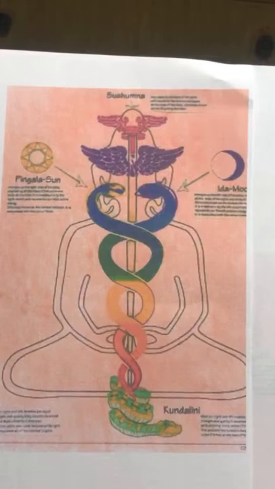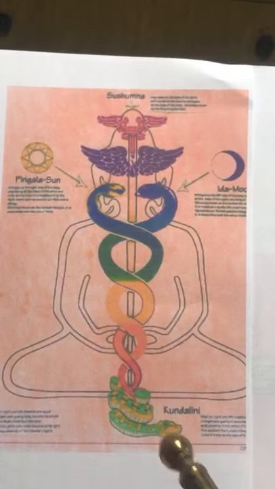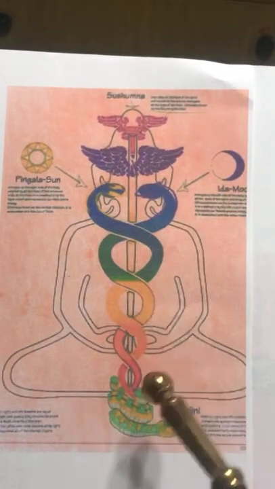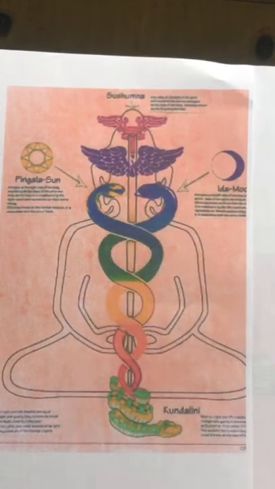Okay, so you'll see different texts talking about making the wheels spin. What happens is that the petals on the chakra are pointing to wherever the kundalini is. So if the kundalini is down here at the base, all the petals of the chakras are pointing down towards the base of the spine where the kundalini rests.